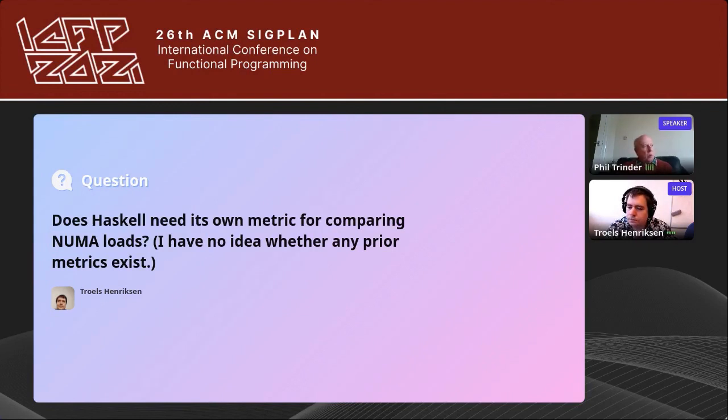The metrics I've reported, and in particular the NUMA access rate, is, I think, bytes distance divided by time, but it's bytes. That's quite a long way of saying that the metric is low level and could, I think, be applied to other languages. I'm not sure whether people have tried to compare NUMA loads before. If they have, I don't know of that work.